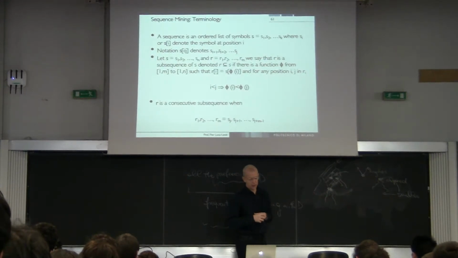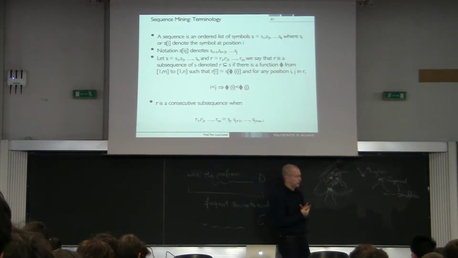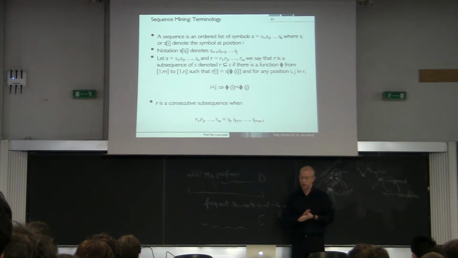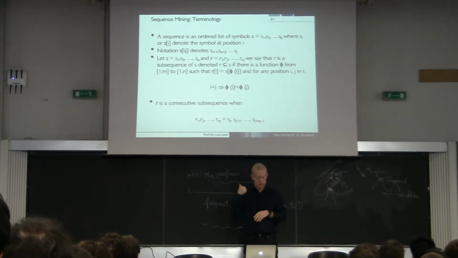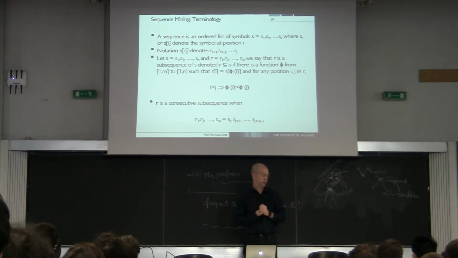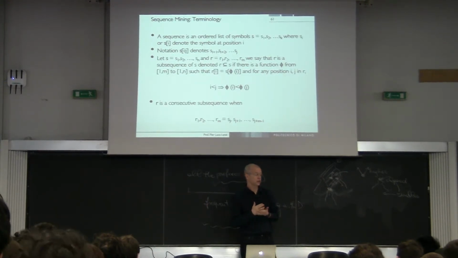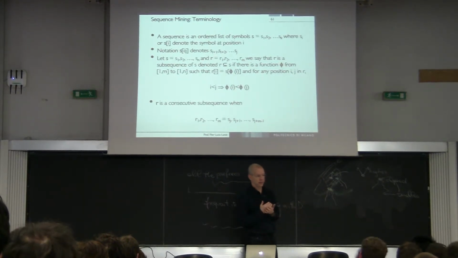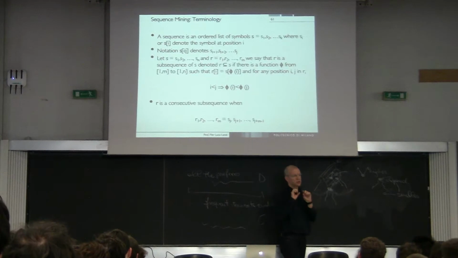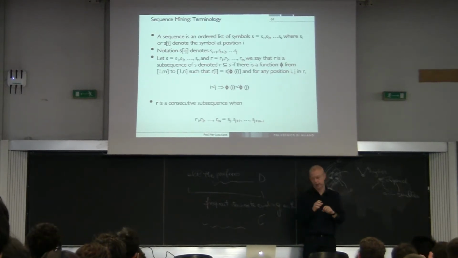Now the notation becomes kind of awkward and a little bit more complex. So you have your sequences, and you basically consider the order, so you cannot do what we did with the frequent pattern mining, for instance. This sequence has an order, okay?